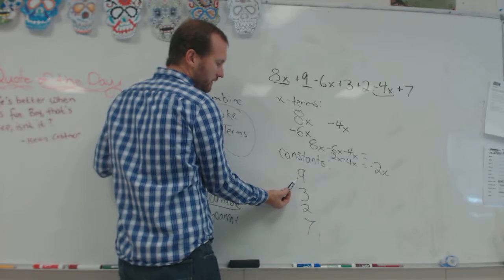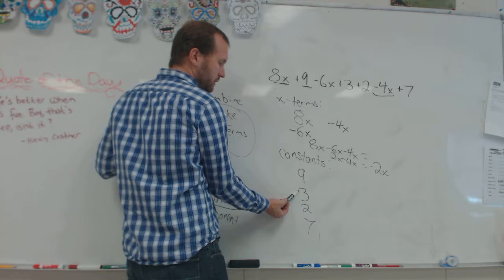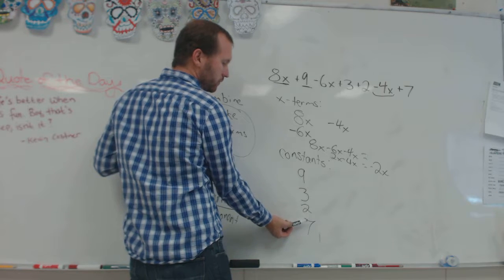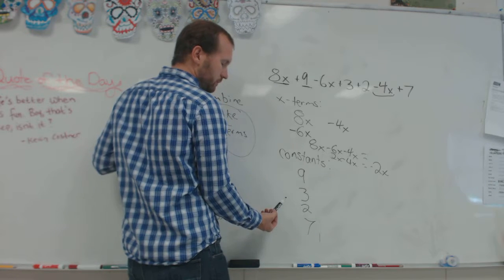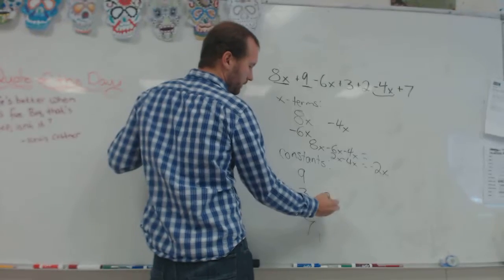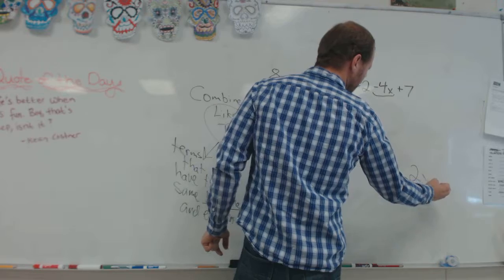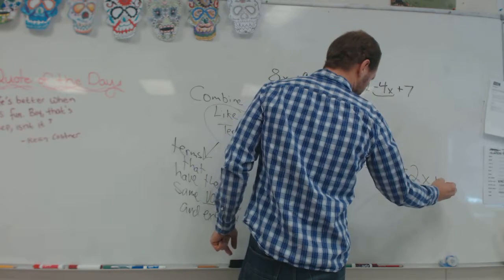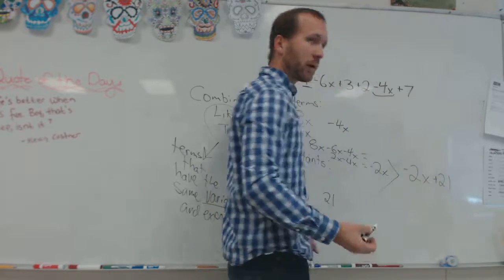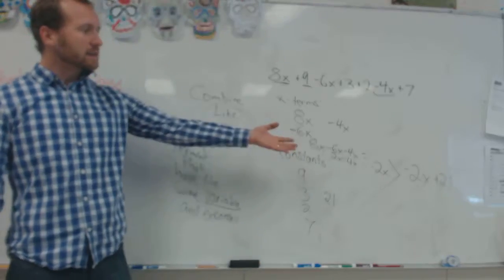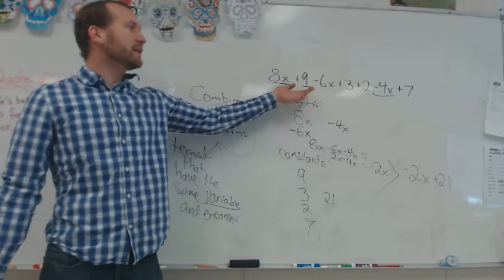And then we would add all these together. 9 plus 3 plus 2 plus 7, which is 21. And so our final expression is just going to have two terms now. Negative 2x plus 21.